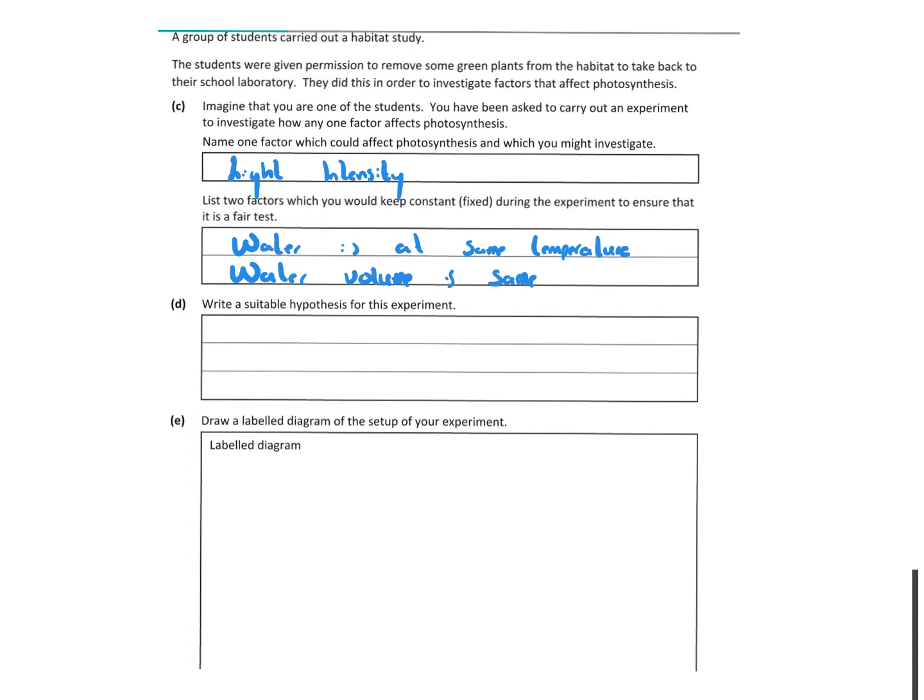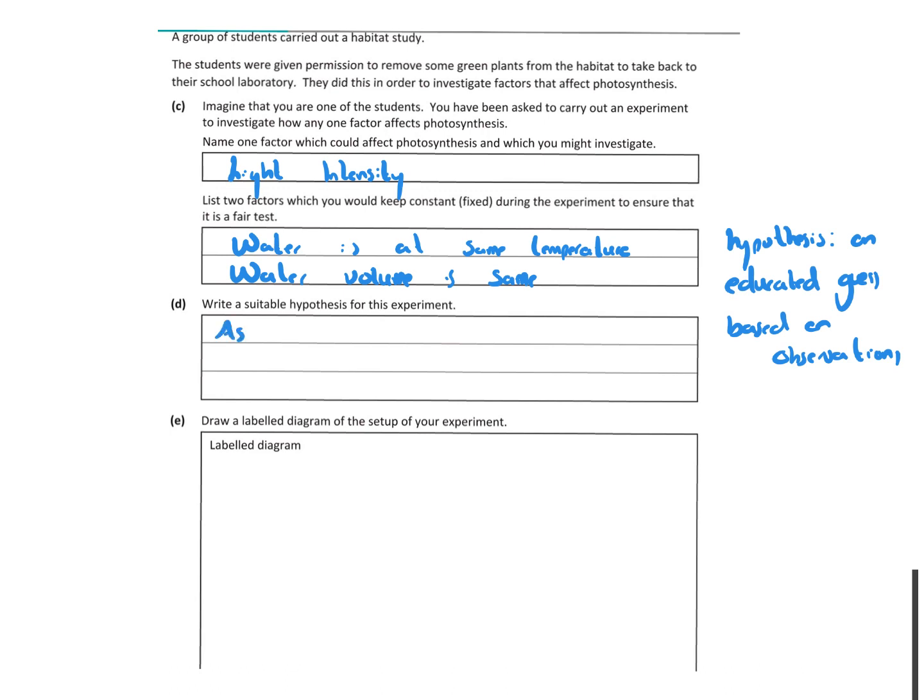Write a suitable hypothesis for this experiment. So a hypothesis, I'll just make a quick note of this over at the side. That's an educated guess based on observations. Okay, so what do we think our hypothesis will be for this?